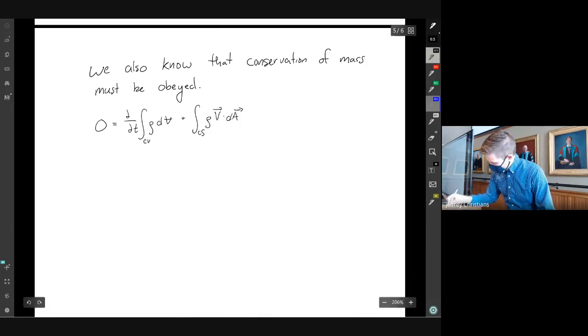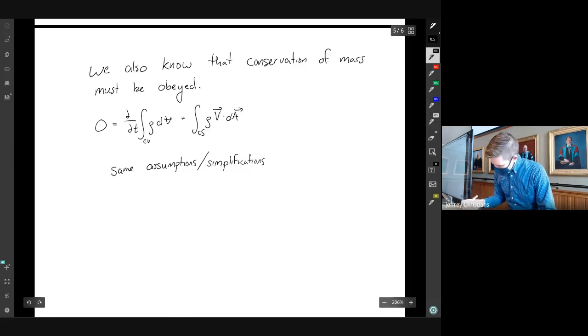So we have the same assumptions or simplifications: steady state and uniform velocity.